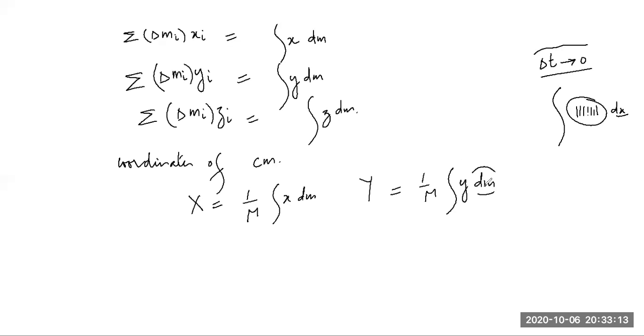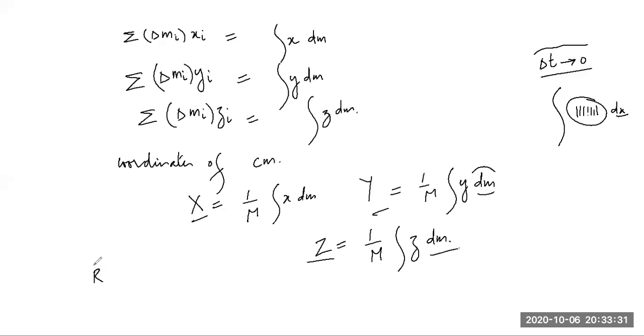Small mass, very small mass for an element, dm. And z is equal to 1 by M integral z dm, right?